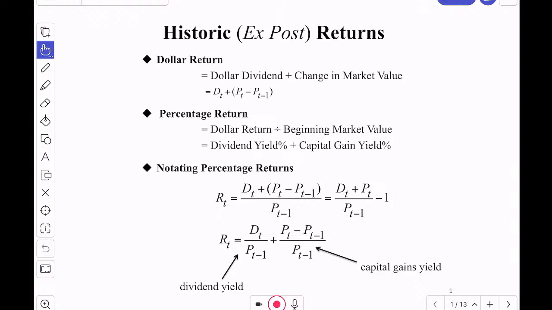Okay, this is where we're going to start. This is document 23. All the other documents are for review, right?